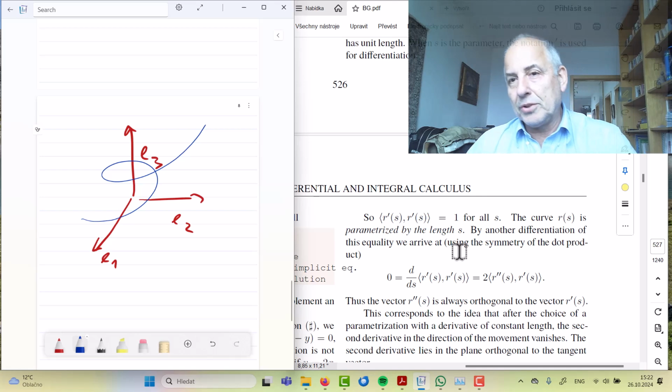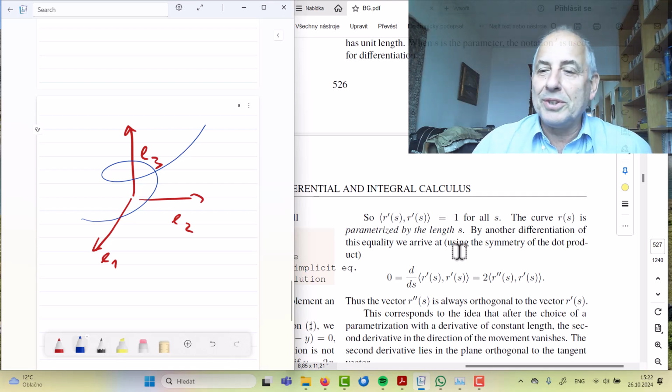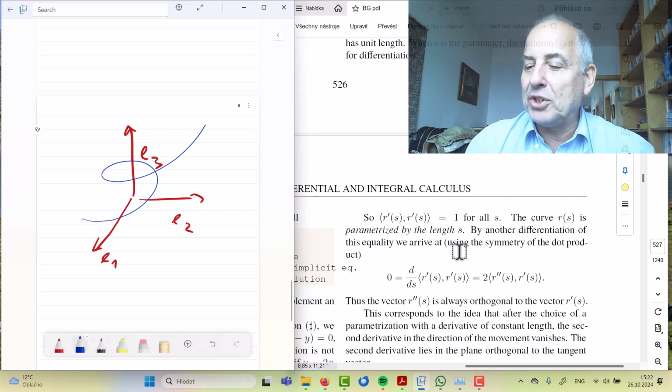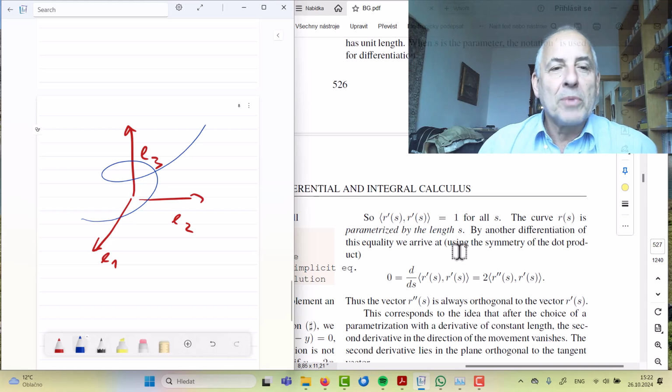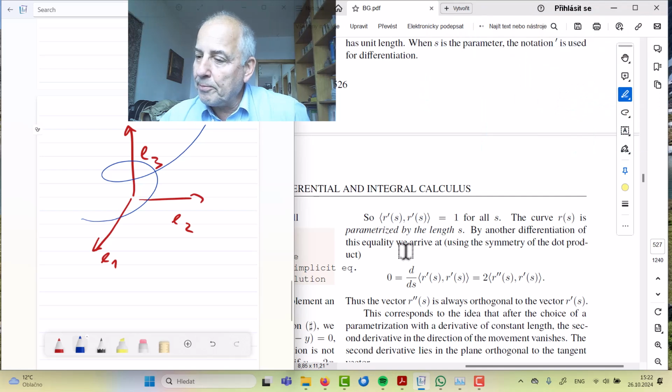Actually, we shall compute it by integration soon, in the next weeks, but we can imagine what the length is, in R3.